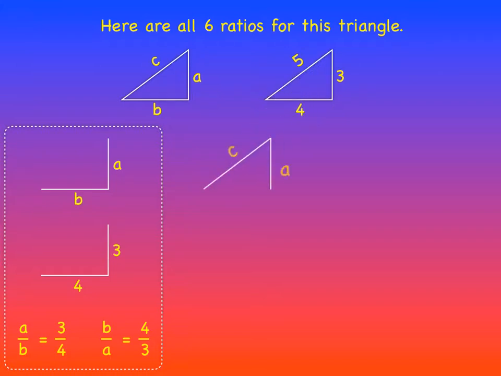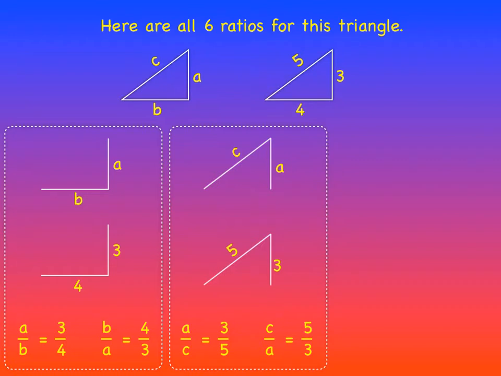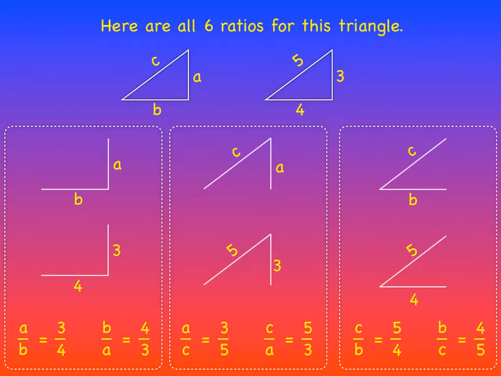Now we're going to compare A and C: 3 and 5. The ratio of A to C is 3 to 5. But the other way around, the ratio of C to A is 5 to 3. And we can also compare B and C. That's 4 and 5. The ratio can be 5 to 4 or 4 to 5.